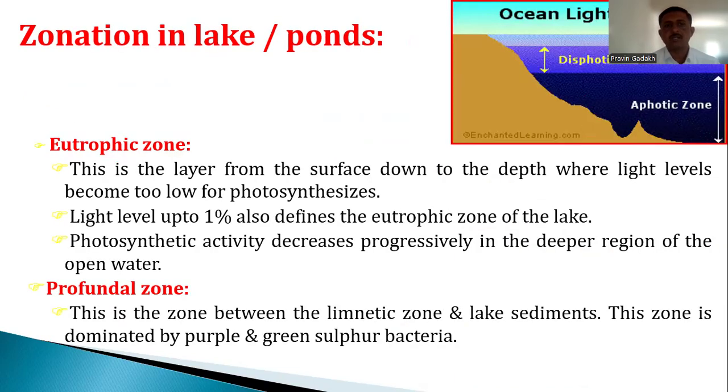The next zone is the eutrophic zone. Normally in microbiology, we discuss eutrophication of lakes, so it is considered a eutrophic zone. This is the layer from the surface down to the depth where the light level becomes too low for photosynthesis. As we move toward the depth of the aquatic environment, it represents the eutrophic zone.